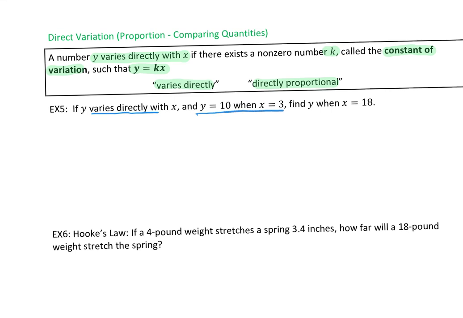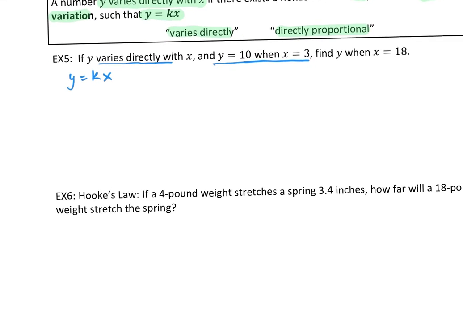I know it's a direct variation because it says varies directly. So I know that I'm going to be looking at y equal to kx as my equation. And the first part says when x is 3, y is 10. So I can simply take this equation and solve for my constant of variation k by plugging in 10 for y and 3 for x.